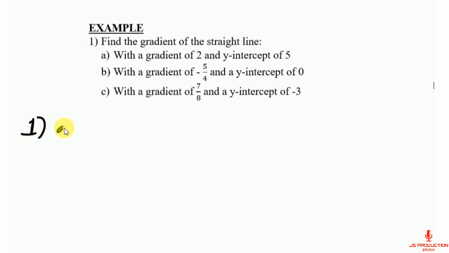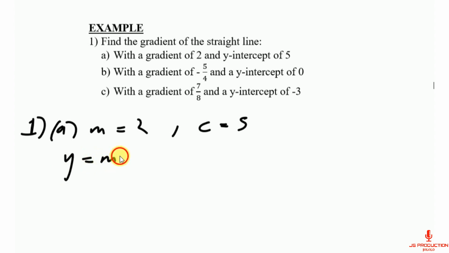For 1(a), we have been told that the gradient is 2 and the y-intercept is 5. We write the general form of the straight line, y = mx + c. So y will be equal to m, we know that's 2, so 2x plus c, we know that's 5. So that's going to be our answer.